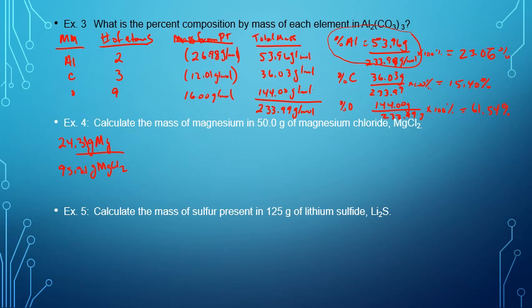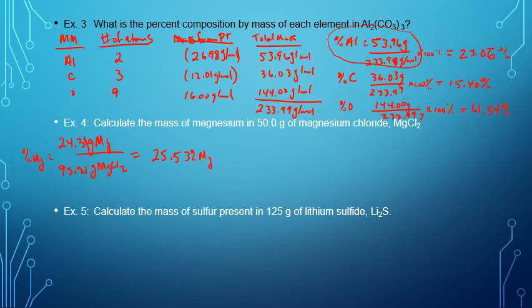Now, I can use this as a conversion factor, but I'll do it both ways just so you can see. So if I start from a percent magnesium standpoint, I could take that number, 24.31, divide it by 95.21, multiply by 100%, and I would get 25.53% magnesium.